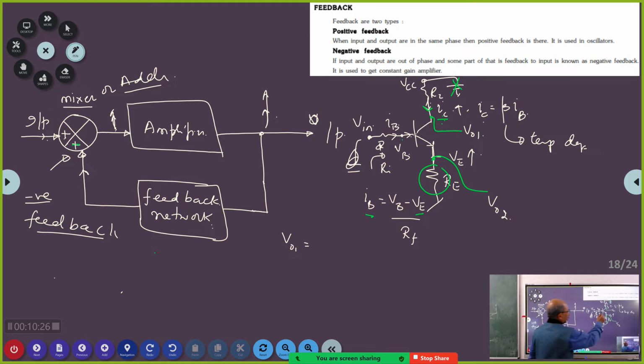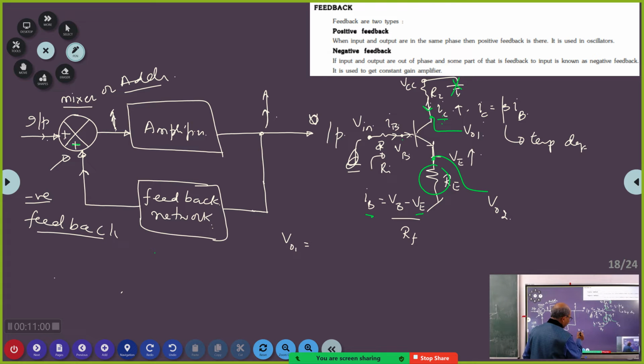I am tapping the output from this point. Just tell me VO1, output voltage VO1. I want you to tell me in terms of Vin. No, don't use VO2.